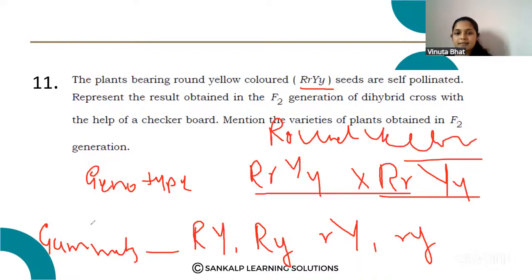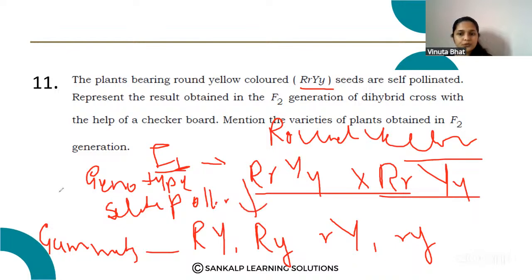They are self-pollinated. These are the F1 generation plants, and you have to produce the F2 generation. So we have to use the checkerboard to find the answer here.